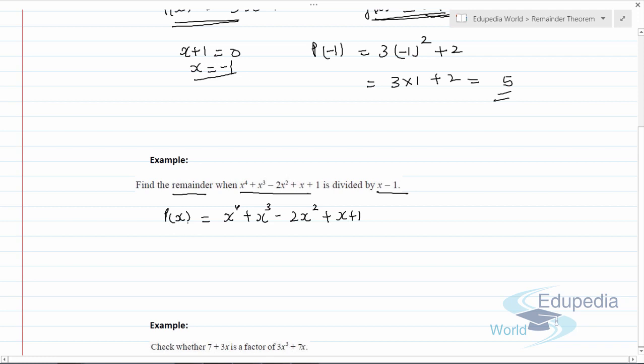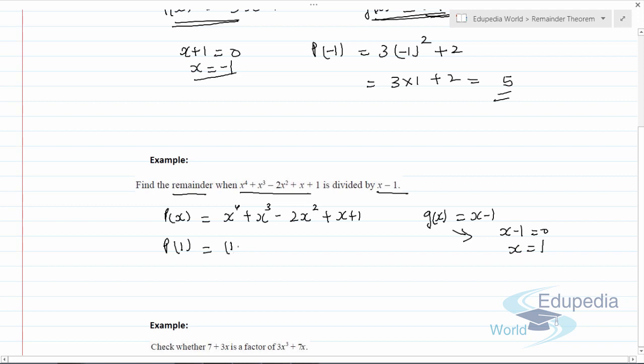Now we have to find the remainder of this polynomial when we divide by another polynomial g of x, x minus 1. So what we do is we equate this polynomial to 0.